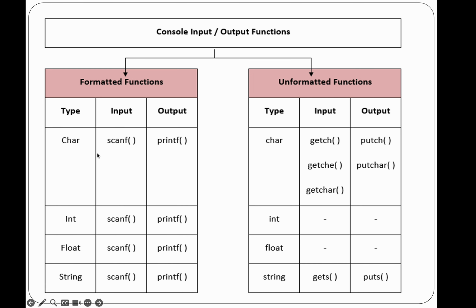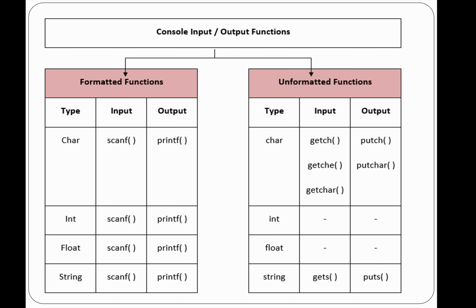If you see the formatted functions, whether it is a character, int, float, string or double, for input I am using scanf and for output I am using printf. But I have one option called control string or format specifier, with which I can play around with some formatting operations.